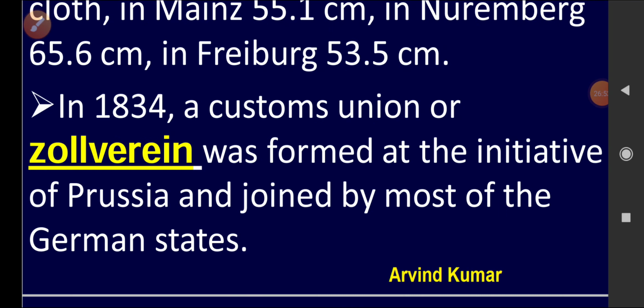So this Zollverein was formed at the initiative of Prussia, and it was accepted by other German states. It reduced the differences of taxes, abolished tariff barriers and reduced the number of currencies from over 32 to only 2.